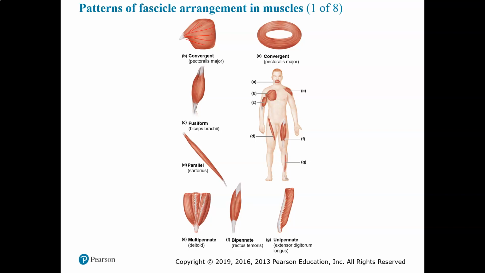That's going to be kind of where it tapers at each end, and then fuses together at each end of the muscle, at the origin and at the insertion. Then parallel muscles, where the muscle fibers run parallel. And then you have pinnate: multipinnate, unipinnate, bipinnate.